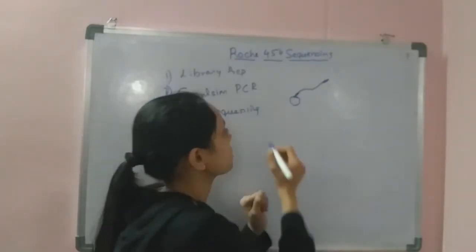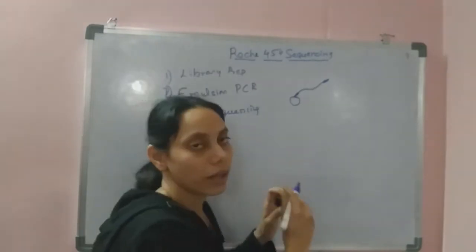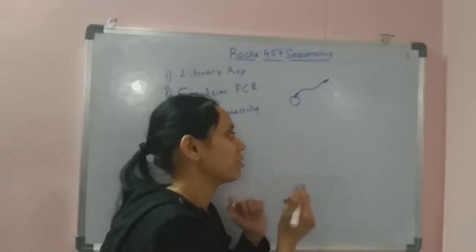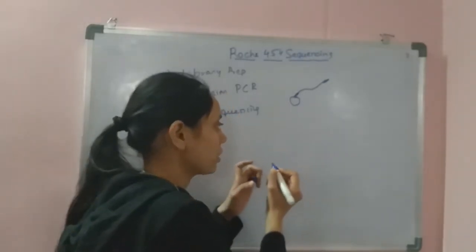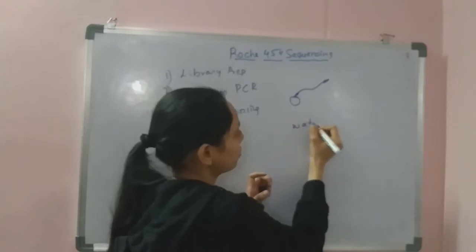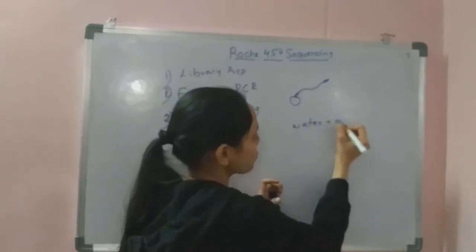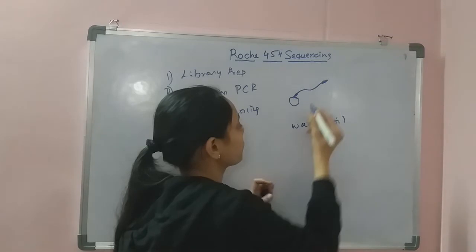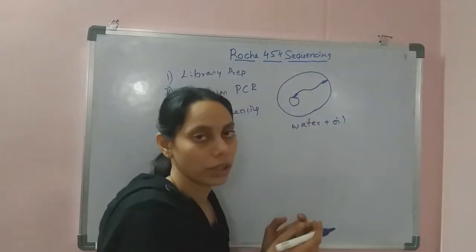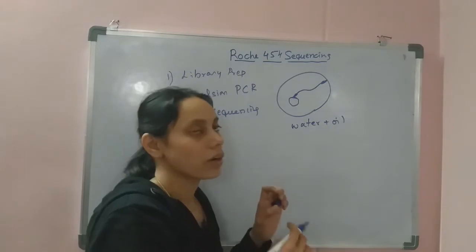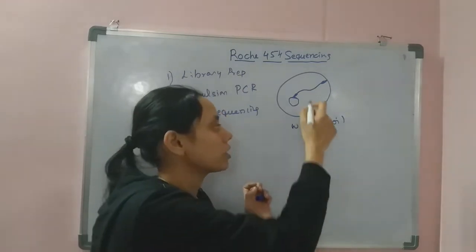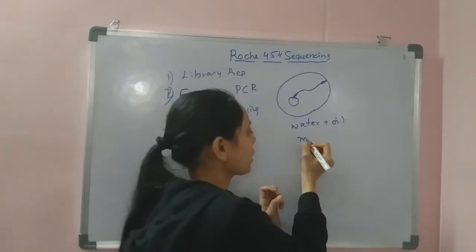Here in emulsion PCR, these beads are flooded or emulsified with the PCR essentials. That means in the emulsion there will be a water and oil mixture. This water and oil droplet will be coated around these beads. So all beads will be coated with this water and oil microreactor.